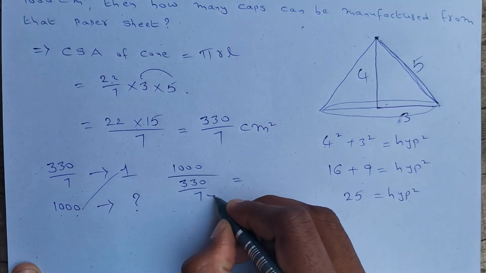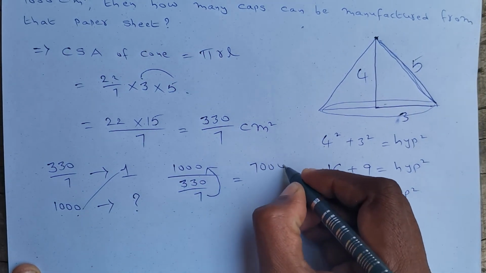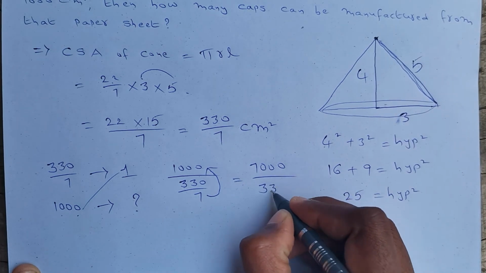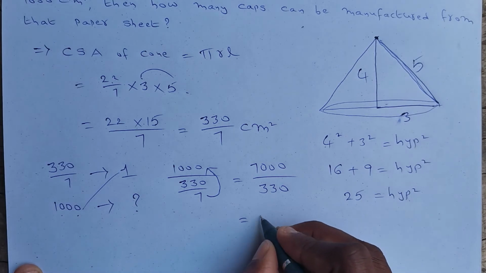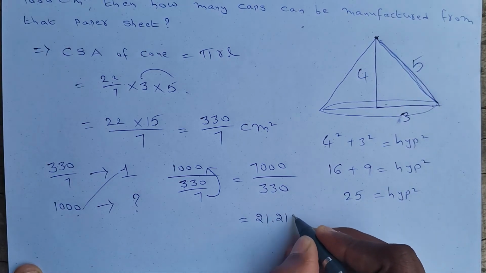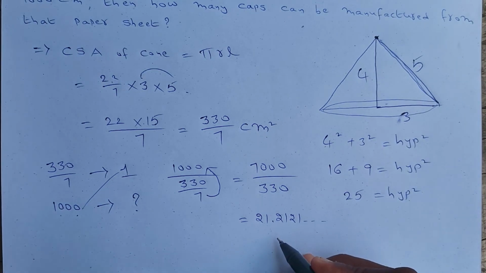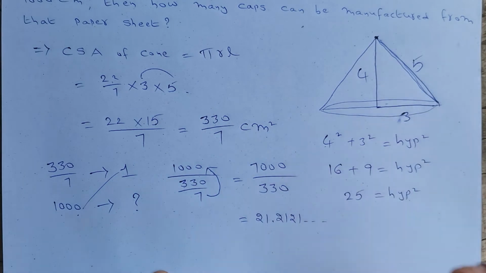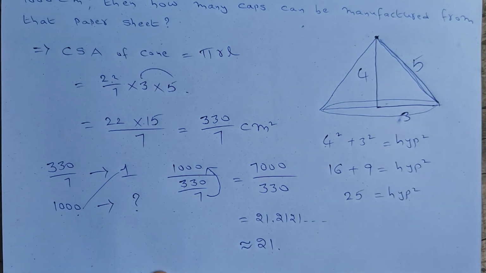So this 7 will go upside: 1000 into 7, 7000 divided by 330. 7000 divided by 330 is 21.212121 and so on. We are finding the number of caps, and decimal numbers of caps are not possible at all. It means approximately he can manufacture 21 Joker caps with the available paper sheet.